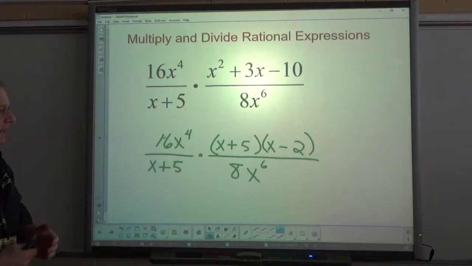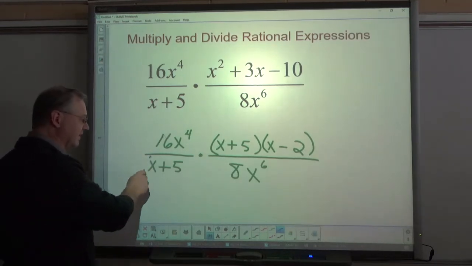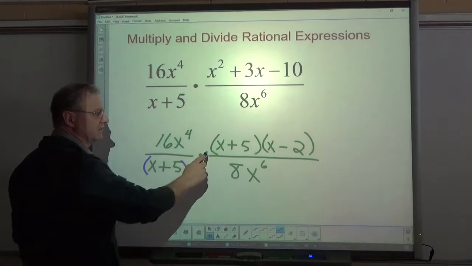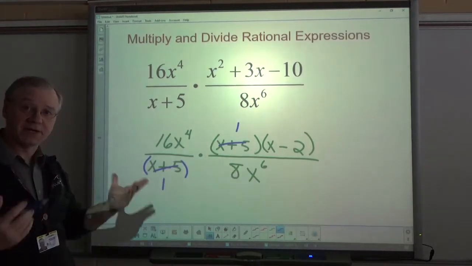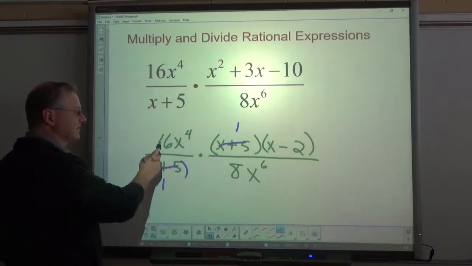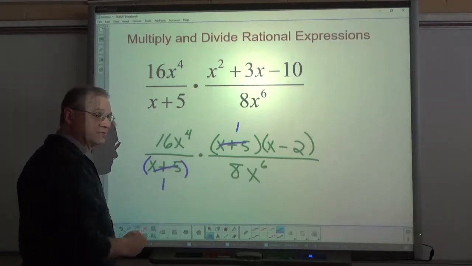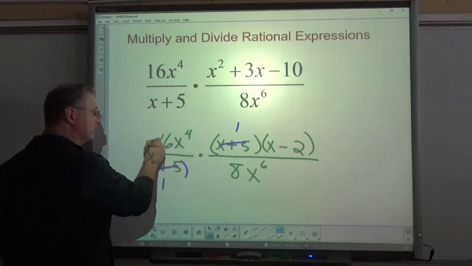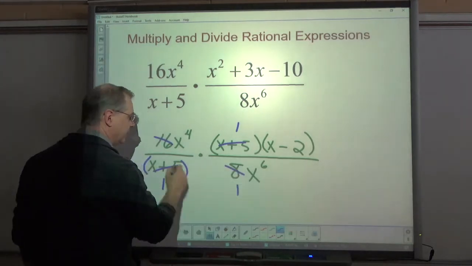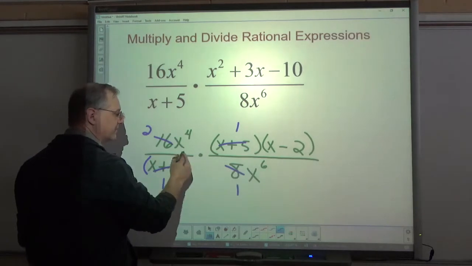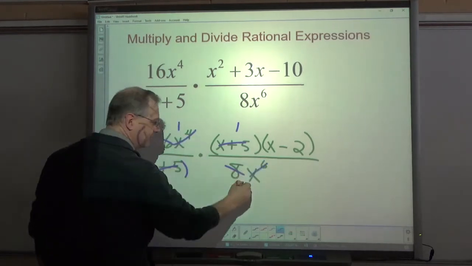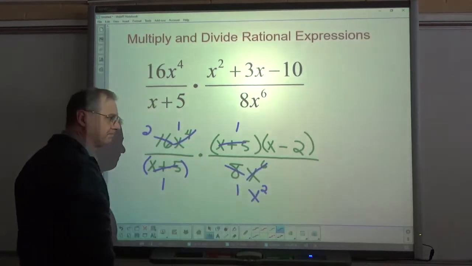Now when I do this, I usually like to reduce parentheses. Now obviously I can put that in parentheses. So the x plus 5 with the x plus 5, on top, on bottom, I can reduce. The 16 and the 8, single terms without addition or subtraction, can reduce. 1 and 2, 8 went into both. X to the 4 and x to the 6, that's gone, and that becomes x to the 2nd.